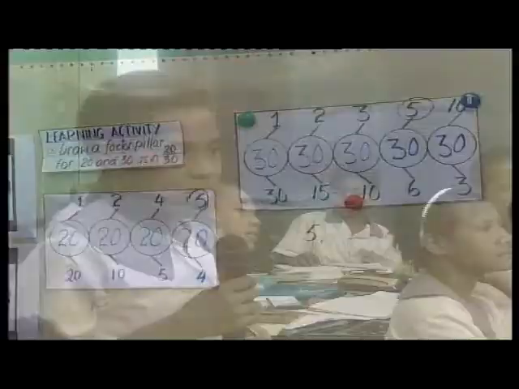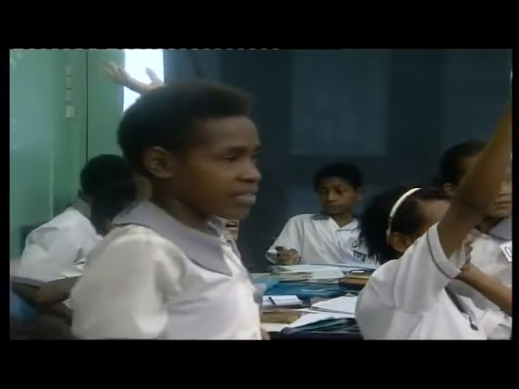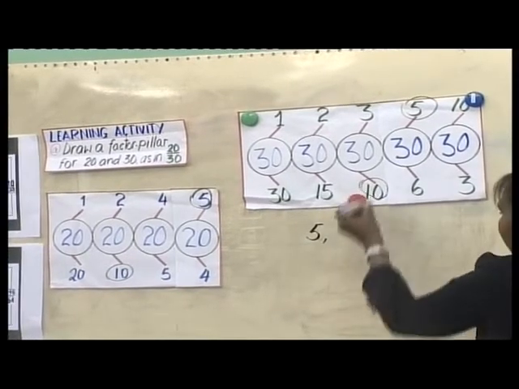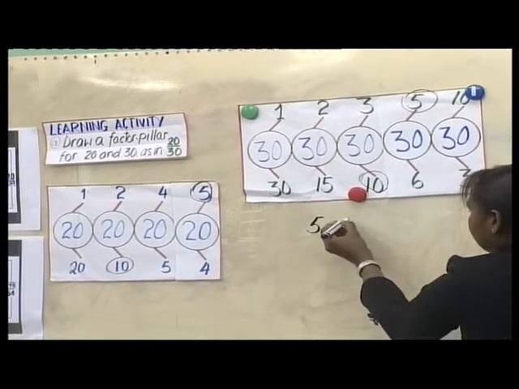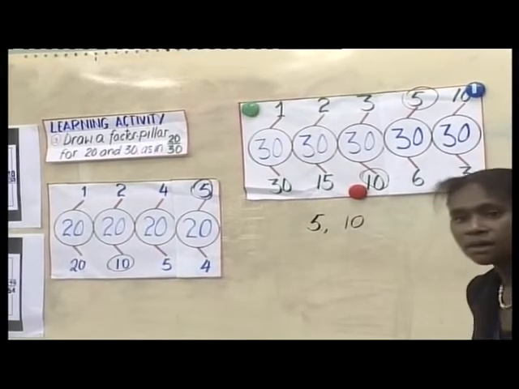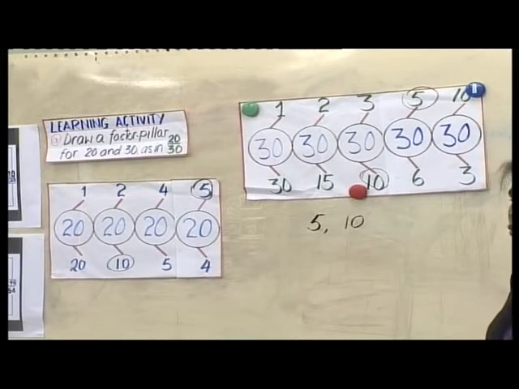What's another one? 10. Okay, we have 10 here. And we also have 10 here. So I will write 10. Another one. Okay, let's have our friend up here in group 2. 2.